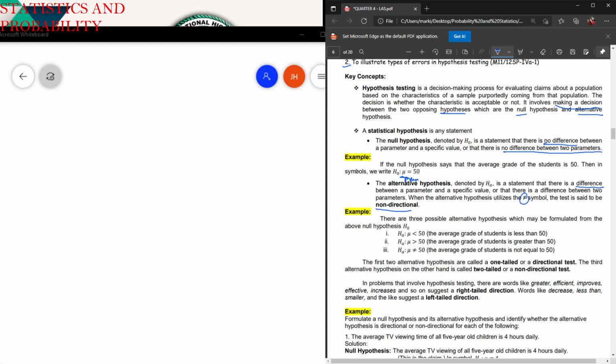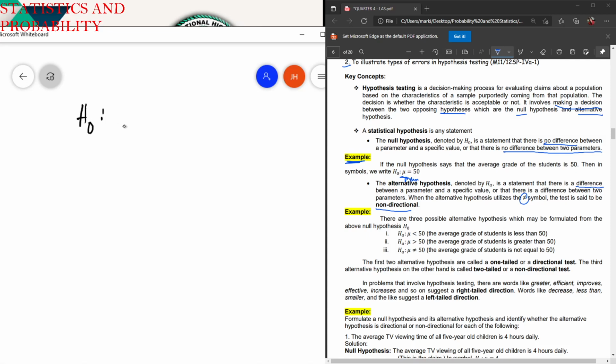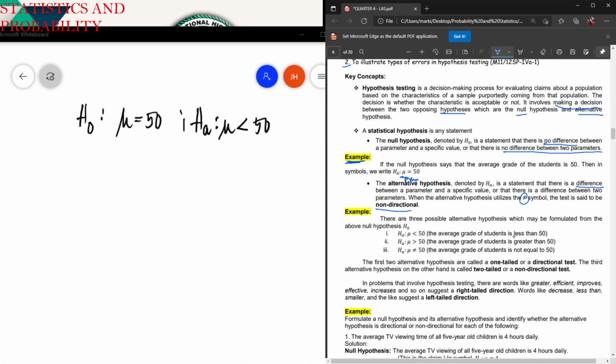So we go back here for the example. The null hypothesis says that the average grade is 50. So we have the null here: the mean is equal to 50. Then we have the alternative hypotheses. First, the mean is less than 50, meaning the average grade of the students is less than 50.